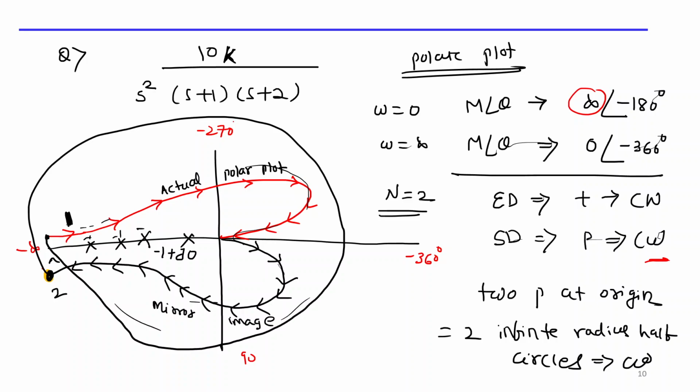Sir, one small doubt. Yeah, sure. Sir, the ending direction and the starting direction of the polar plot, will you just explain? See, for this question, the ending direction is whatever the phase angle is here, minus 180.